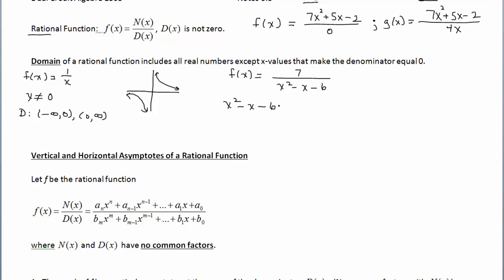It has no effect on anything. The domain question deals only with the denominator. We never want the denominator to equal 0. So let's factor and find the values of x that we want to avoid. Factors nicely.